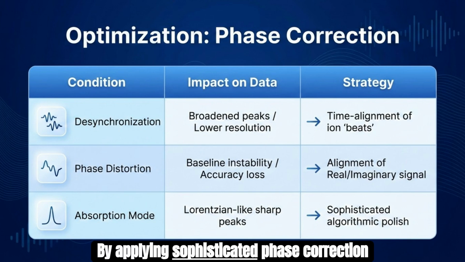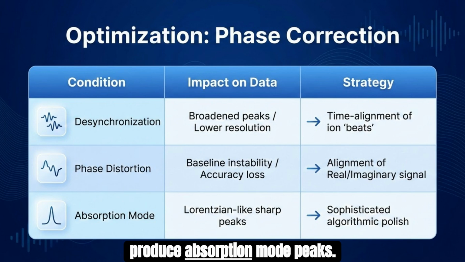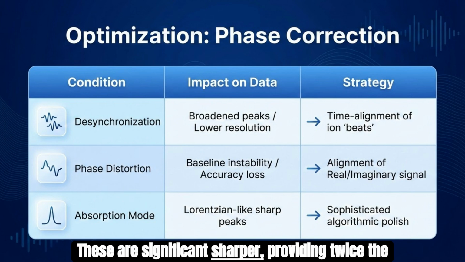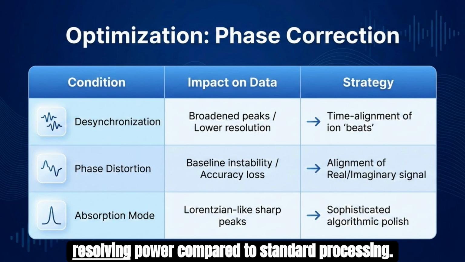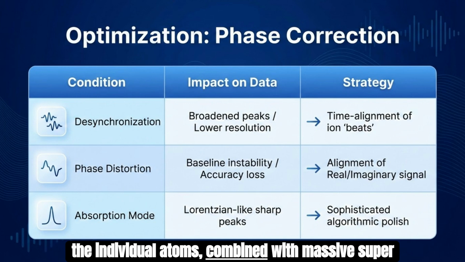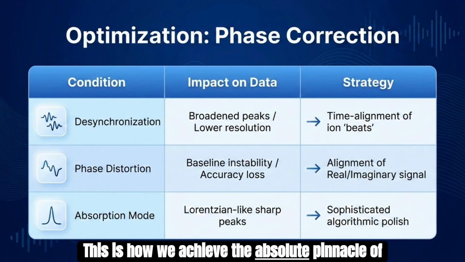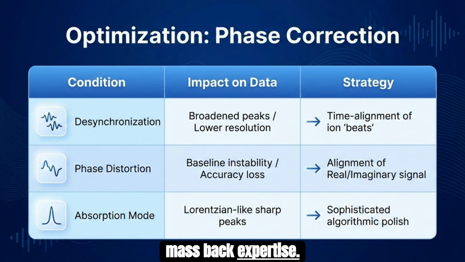By applying sophisticated phase correction algorithms, we align the signal components to produce absorption mode peaks. These are significantly sharper, providing twice the resolving power compared to standard processing. It's the difference between seeing a blur and seeing the individual atoms. Combined with massive superconducting magnets, this is how we achieve the absolute pinnacle of mass spec expertise.